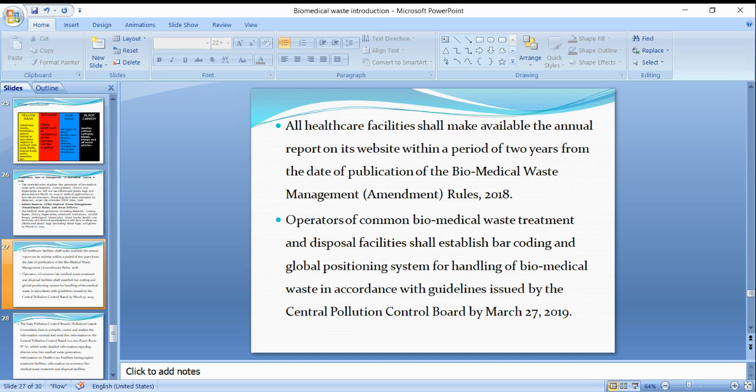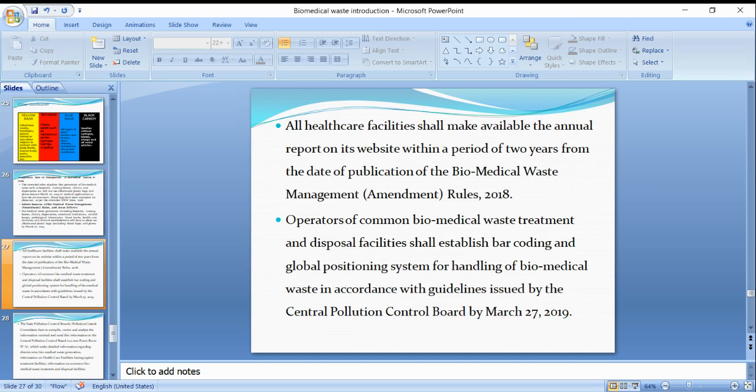And operators of common biomedical waste treatment and disposal facilities shall establish barcoding and a global positioning system for handling of biomedical waste in accordance with the guidelines issued by the Central Pollution Control Board. So they have to establish the barcoding.